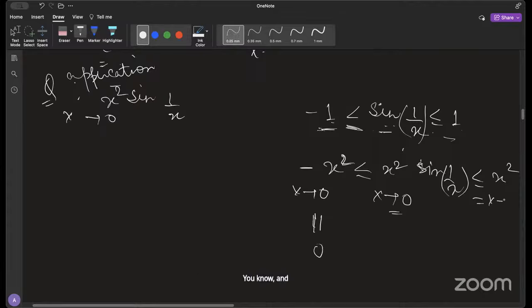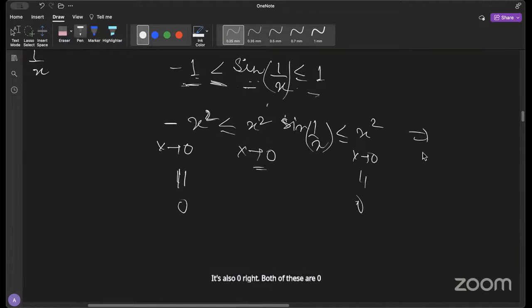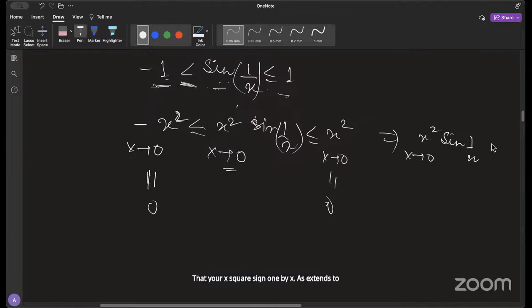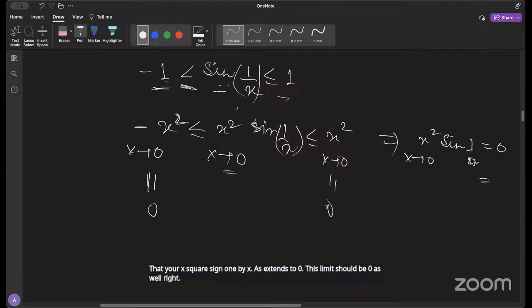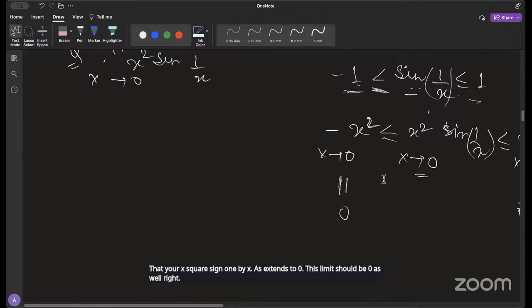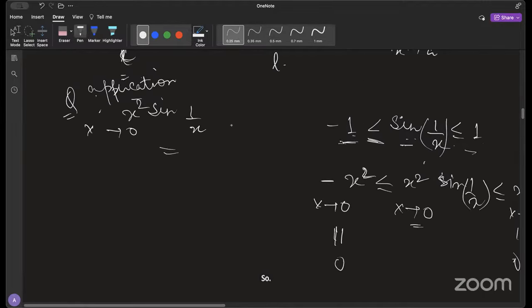And what's the limit of x square when x tends to 0? It's also 0, right? So both of these are 0. This implies that your x square sine 1 by x, as x tends to 0, this limit should be 0 as well, right?